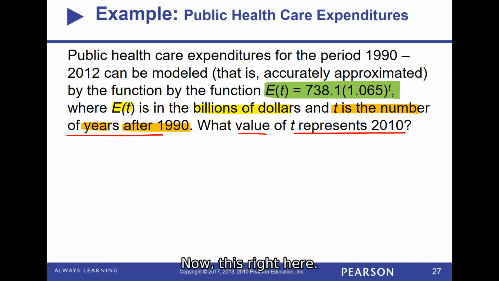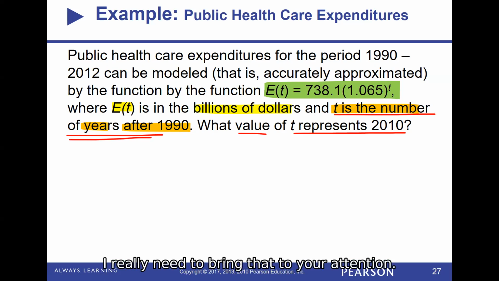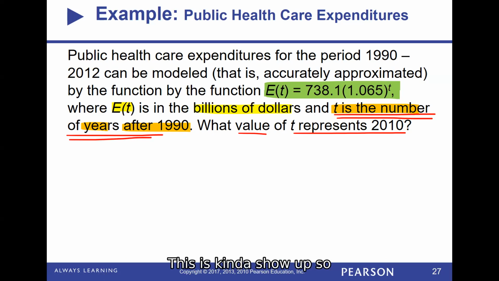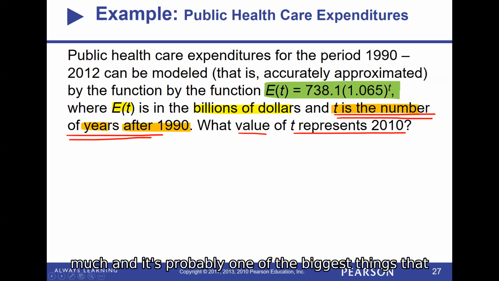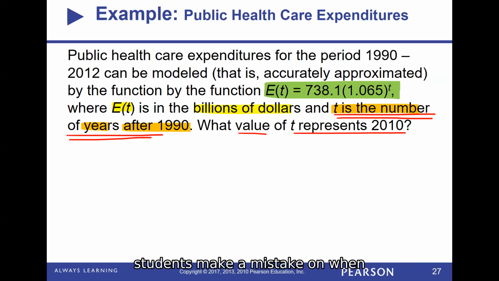Now, this right here, it's highlighted, but I'm going to underline it. I really need to bring that to your attention. This is going to show up so much, and it's probably one of the biggest things students make a mistake on when referring to these types of problems. A lot of students forget that we don't normally type in the years, we type in a reference number.